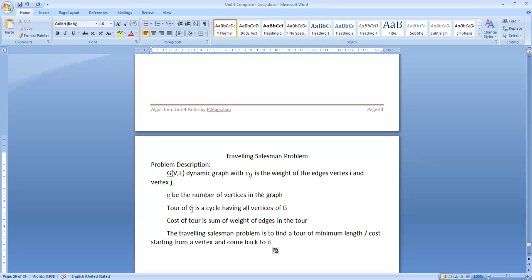A tour of G is a cycle having all the vertices of G. So the cost of the tour is the sum of the weights of the edges in the tour. Now the traveling salesman problem is to find a tour of minimum length, that is, minimum cost. That is our problem. How are we going to solve this problem using the dynamic programming problem solving strategy?